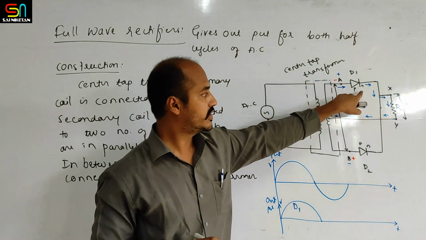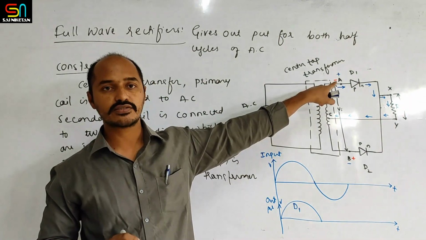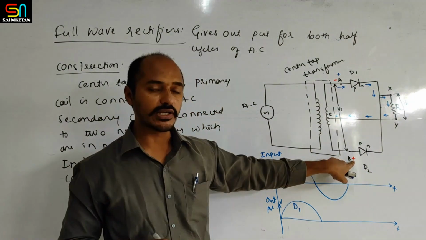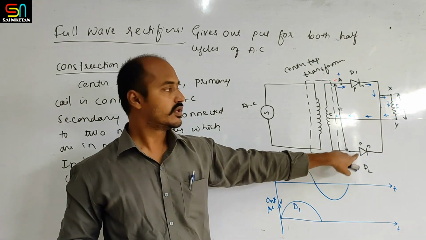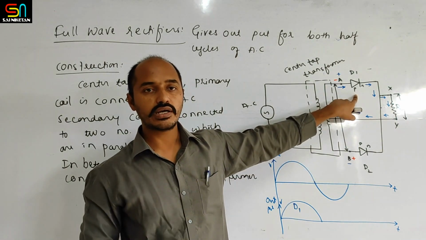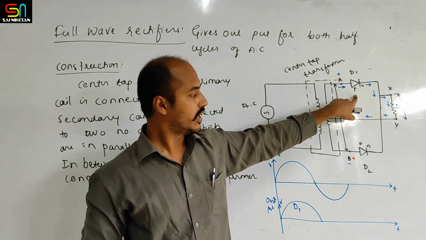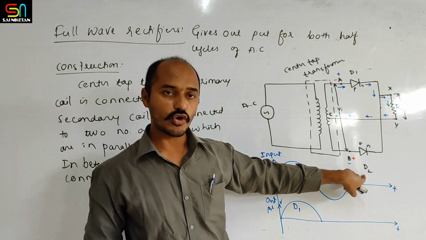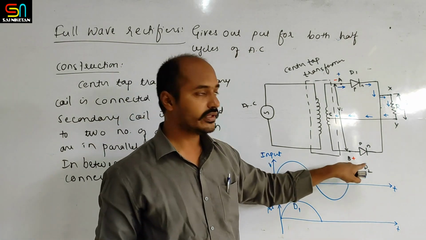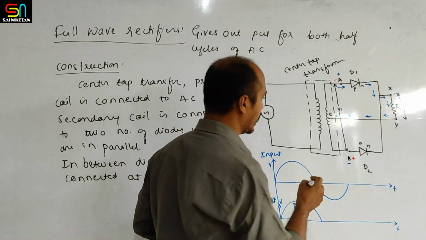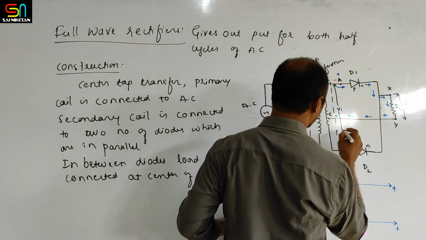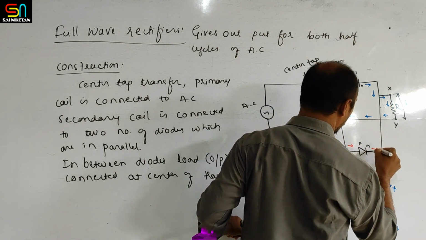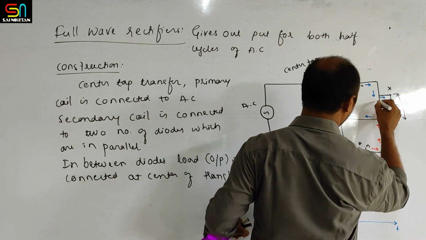Hence, this diode becomes reverse biased, whereas D2, being connected to the positive terminal, becomes forward biased. So D1 does not allow the current to flow through it, but during the negative half cycle, D2 becomes forward biased and allows the current to flow through it in the direction like this. So the current is flowing in the direction I am showing in the red ink.